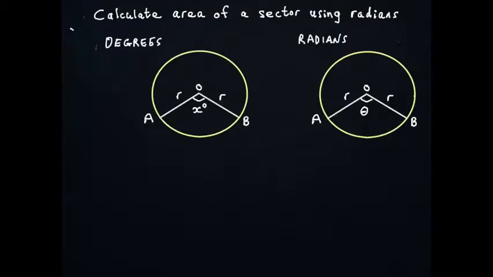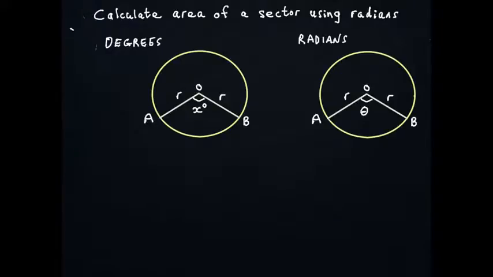How to calculate the area of a sector using radians? The argument used on the previous slide is going to be used again. Observe, the subtended angle is directly proportional to the area of the sector. If the subtended angle is increased to 360 degrees or 2 pi radians, the area of the sector would become the area of the complete circle, pi r squared.